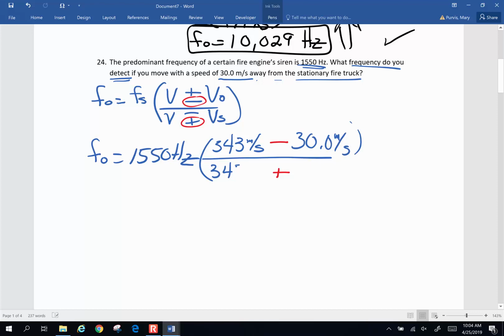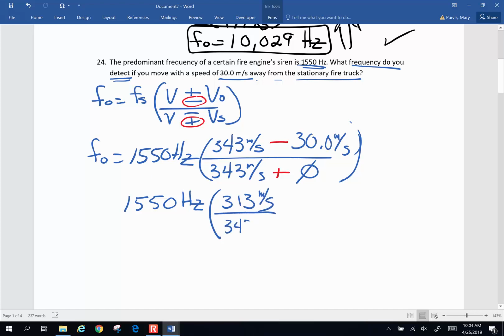Sound is 343. The fire truck is stationary, so it has a speed of 0. So I'm going to simplify this down, 1550 hertz times the top of the fraction, 343 minus 30, so 313 meters per second, divided by 343 meters per second.